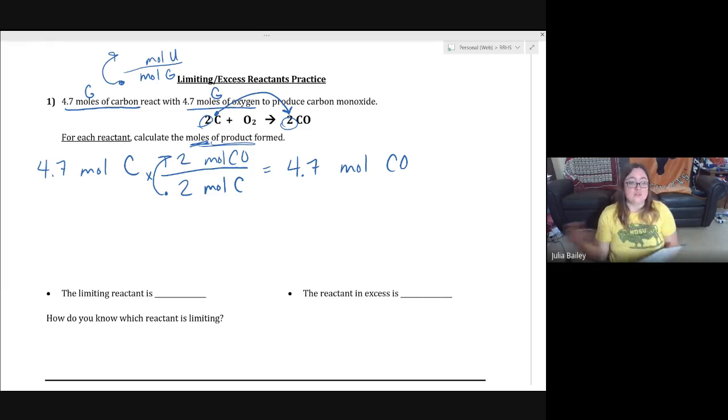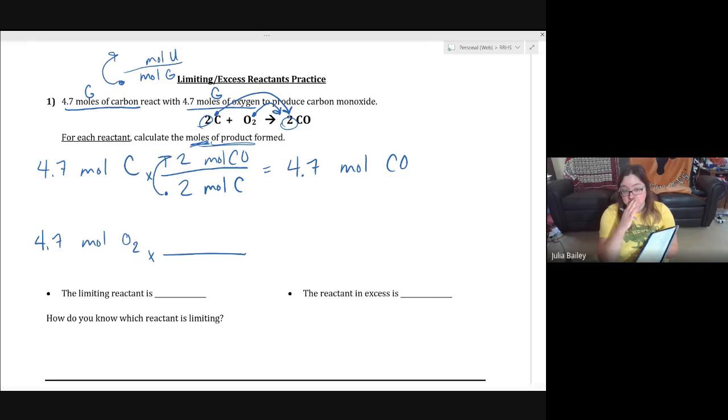So they also gave us 4.7 moles of oxygen, O2, in this reaction, and we're going to have to do a different mole bridge into the unknown from that given. So we're going to do another one-step problem of moles to moles, starting with the other given.